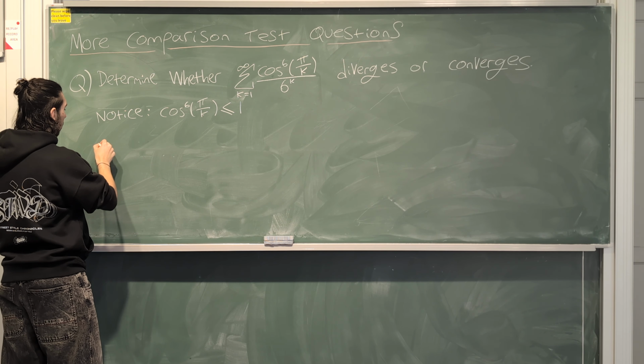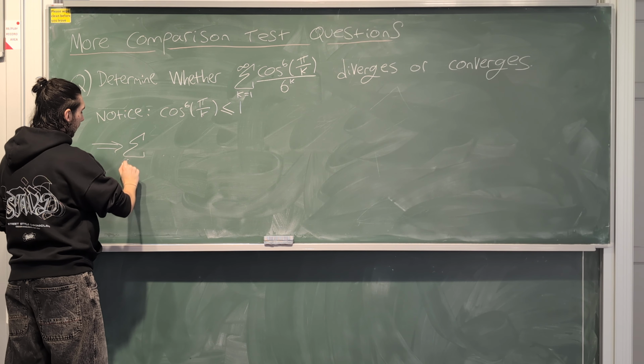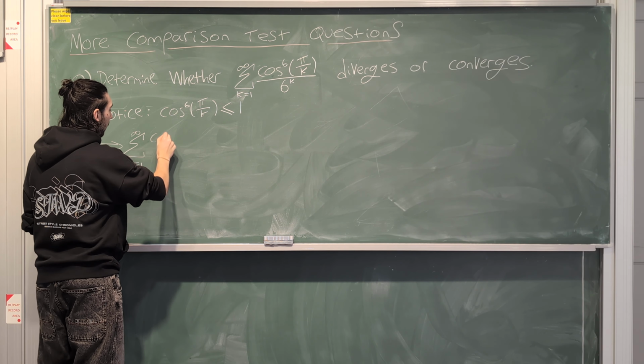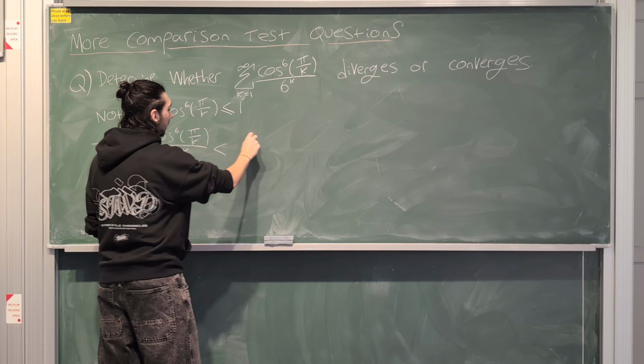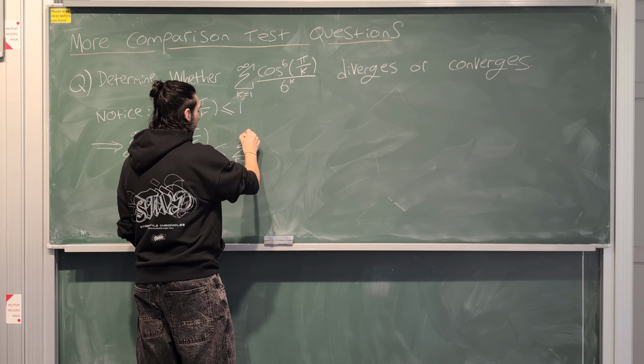Now, what I can then do is say, therefore, the sum from k equals 1 to infinity of cos to the 6 of pi over k divided by 6 to the k has to be less than the sum from k equals 1 to infinity of just 1 over 6 to the k.